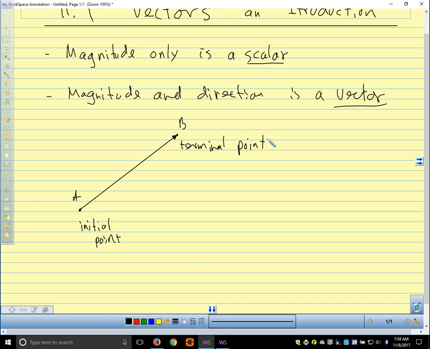And any vectors with the same magnitude and direction, I'm going to say, are equivalent. So it doesn't matter where they're located in the plane. If they have the same magnitude and the same direction, we call those vectors equivalent.